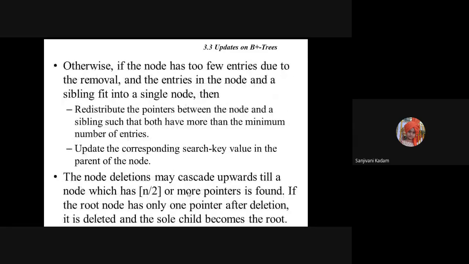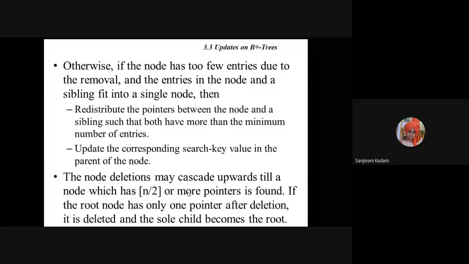Otherwise, if the node has too few entries due to the removal, and the entries in the node and sibling do not fit into a single node, then redistribute the pointers between the node and the sibling such that both have at least the minimum number of entries. This is also a possibility: when deleting an element, two siblings may not be combinable into a single node.